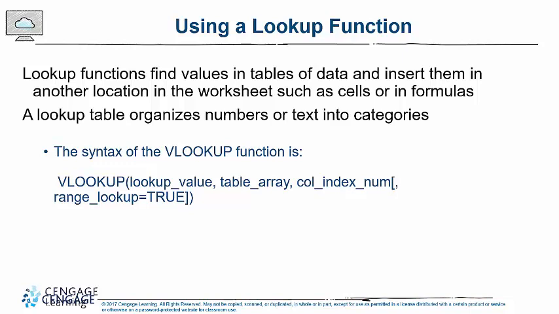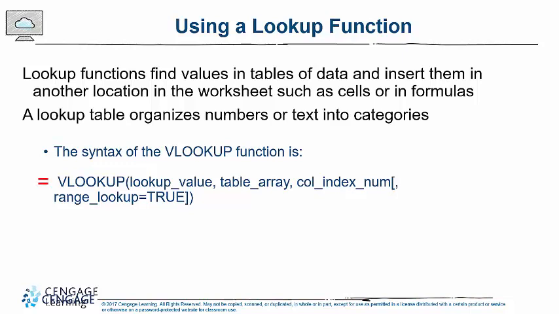Using a lookup function. Lookup functions find values in tables of data and insert them in another location in the workbook, such as a cell or in a formula. A lookup table organizes numbers or text into categories. The syntax for the VLOOKUP function is as follows.